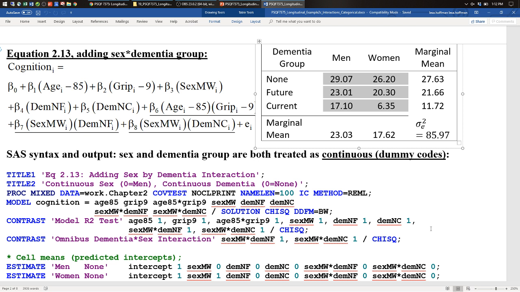So the key to understanding the output is trying to figure out, are you out here in the margins in terms of the means being tested, or are you inside in the cells? That's the difference. In this coding scheme in which I have created all the dummy codes myself, I am staying inside in these cells exclusively, which I would argue is more interesting and useful than marginalizing over 2 different kinds of people or 3 different kinds of people.